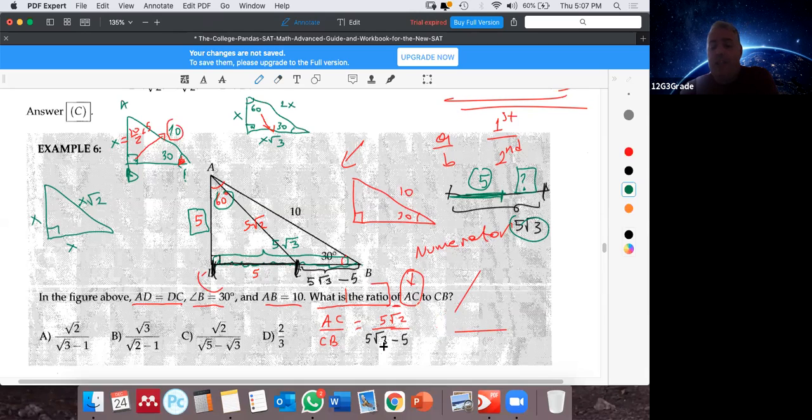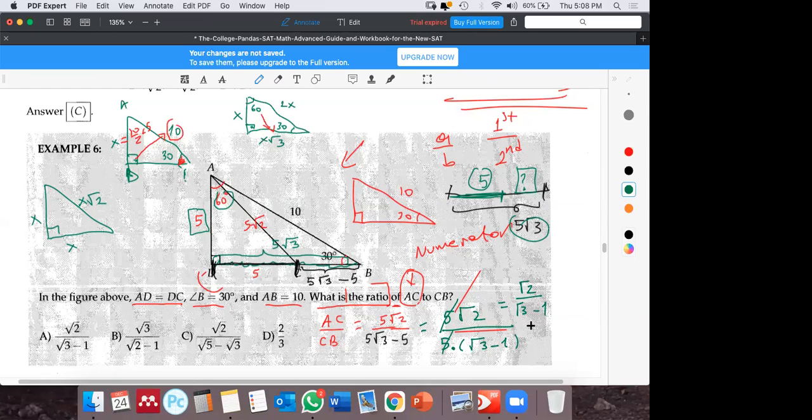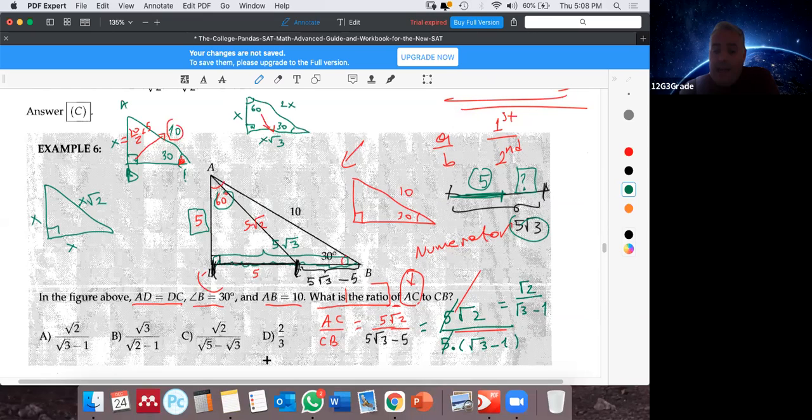So then the question turned to this one: 5 root 2 divided by 5 root 3 minus 5. So numerator is 5 root 2. Denominator is, if I take 5 common in parentheses, root 3 minus 1 left. And this 5 simplifies. Result is numerator root 2, denominator root 3 minus 1. Where did the minus 5 go? Again, 5 root 3 minus 5.